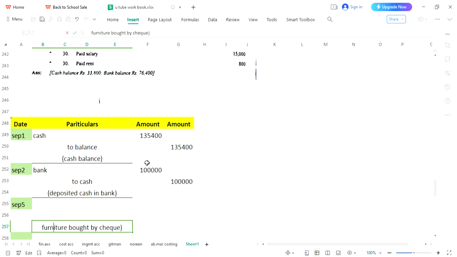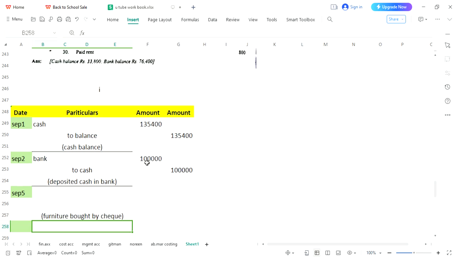Narration I am deliberately changing so that you can understand that it would not make any difference. So furniture bought by check, it means furniture is coming in, which is your asset. Asset is increasing. Increase in asset should be debited. So furniture is debited. Now please note it down. Payment is made by check. You are not paying cash. Payment is made by check.